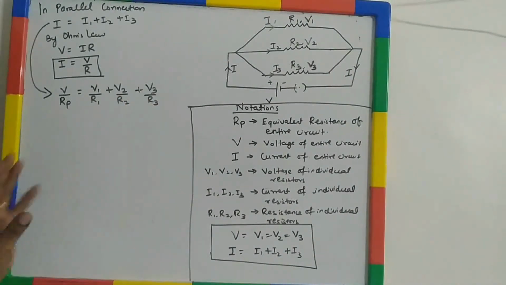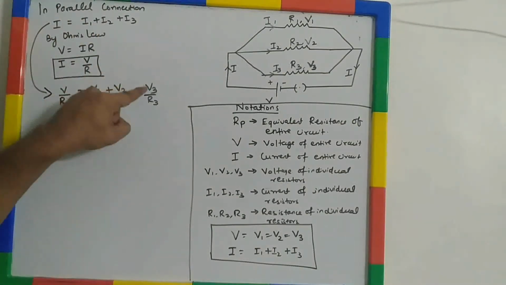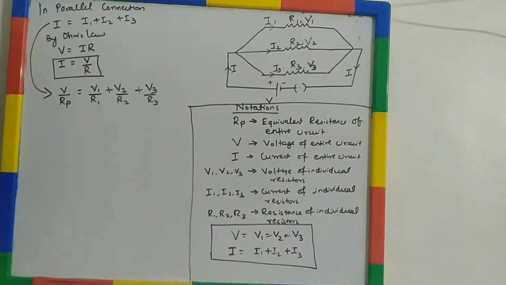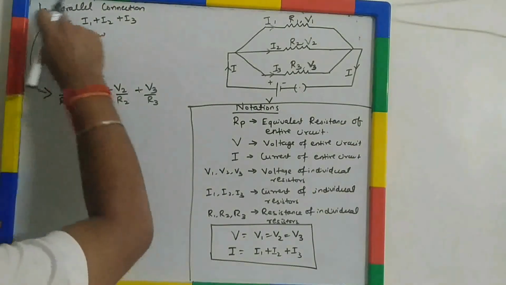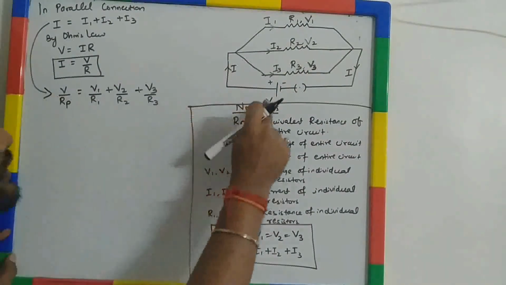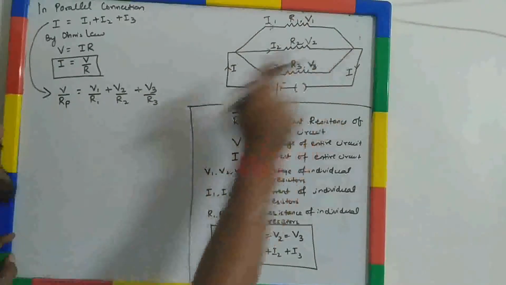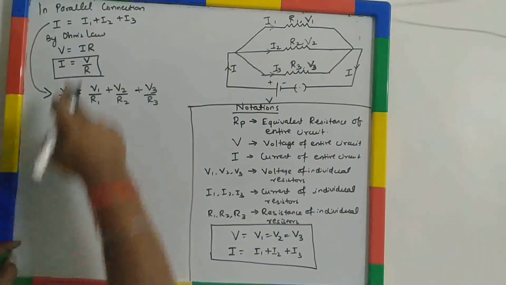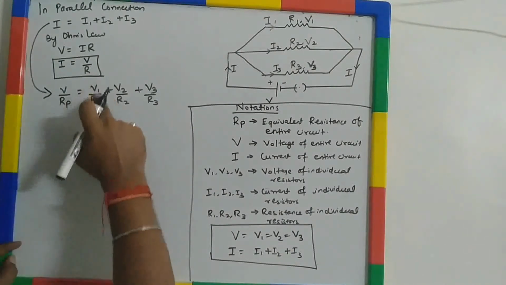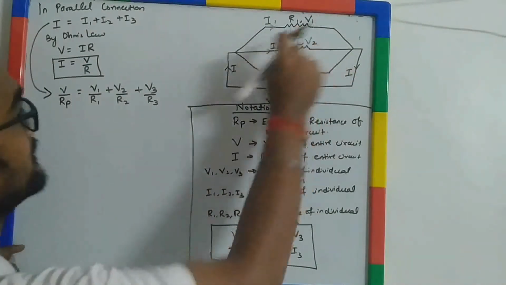So friends, you must be thinking why I have inserted V upon Rp in place of I, V1 upon R1 in place of I1, V2 upon R2 in place of I2 and V3 upon R3 in place of I3. You know that I was the current of the entire circuit. So V is the voltage of the entire circuit and Rp is the equivalent resistance of the entire circuit. Similarly, in place of I1, I have inserted V1 upon R1 because I1 was the current across resistor R1.